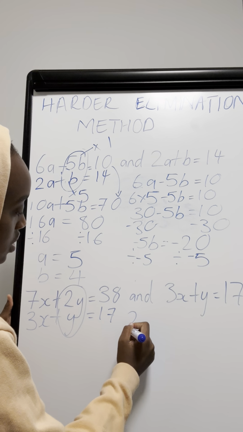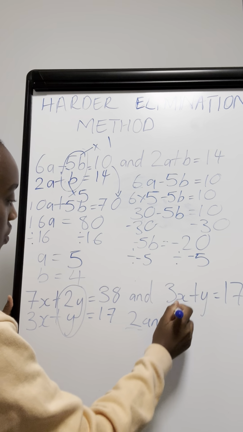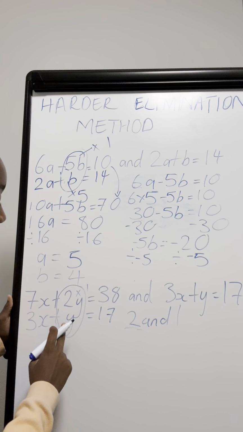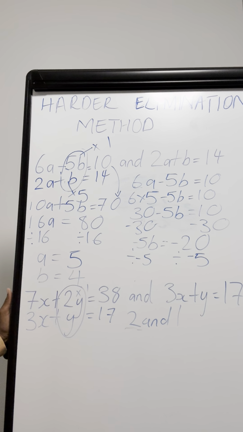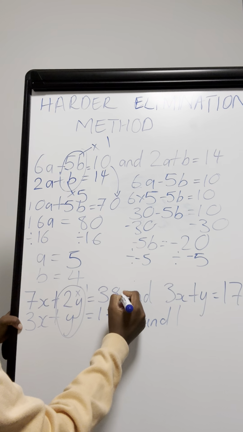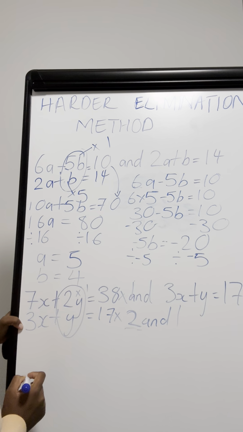So if we multiply 2 times 1, we get 2, and if we multiply 1 times 2, we get 2. So the first equation, we multiply by 1, and the second one we multiply by 2.